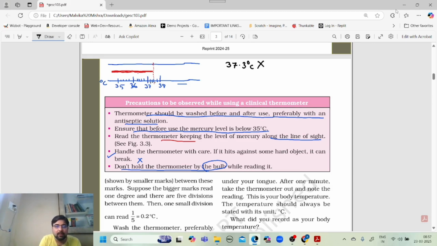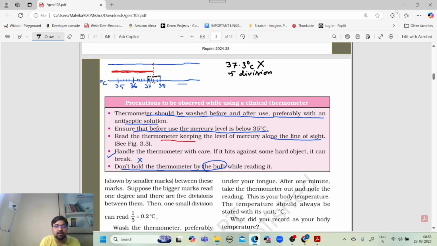Now see, how will we define that this gap is equal to how many degrees Celsius? This we will have to measure first. So see, there are 5 divisions: 1, 2, 3, 4, 5. There are 5 divisions, and just apply the unitary method.